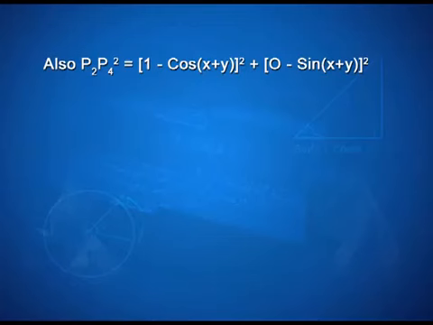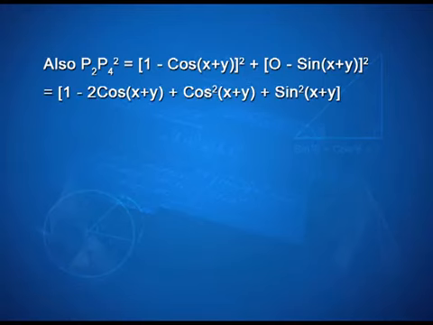Also, P2 P4 whole square using the distance formula can be written as 1 minus cos of x plus y whole square plus 0 minus sin of x plus y whole square. Again, on expanding, we can write 1 minus 2 cos of x plus y plus cos square of x plus y plus sin square of x plus y, which again can be simplified as 2 minus 2 cos of x plus y.